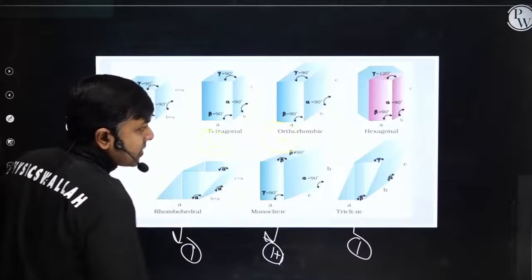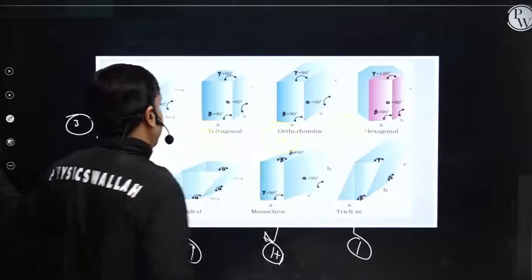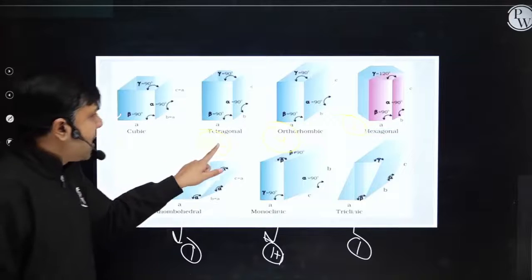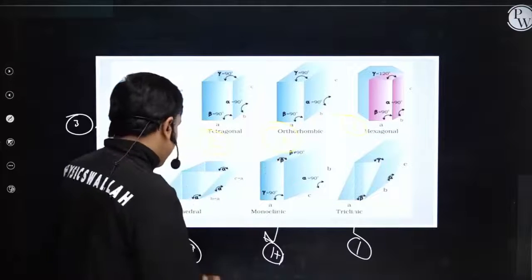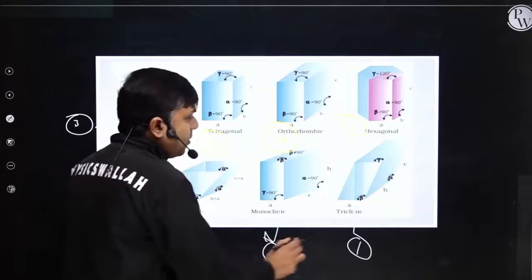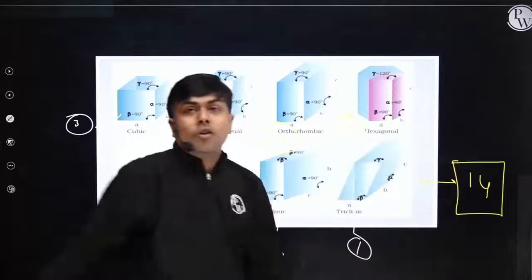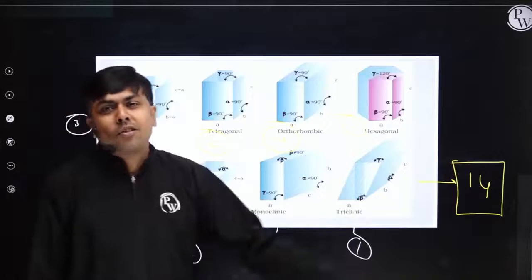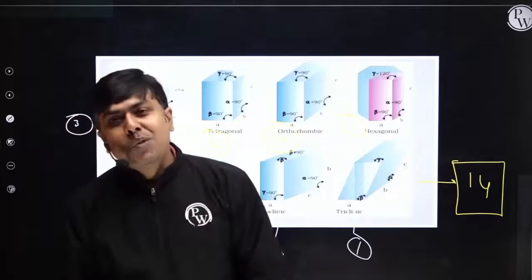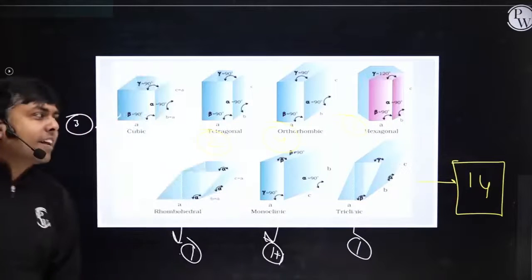In case of hexagonal, we have one type of unit cell. So it's 3 plus 2, 5, plus 4, 9, 10, 12, 13, 14. So if I talk about the different types of unit cell which are found in crystalline solids, 14. Am I clear, students? Let's move ahead.